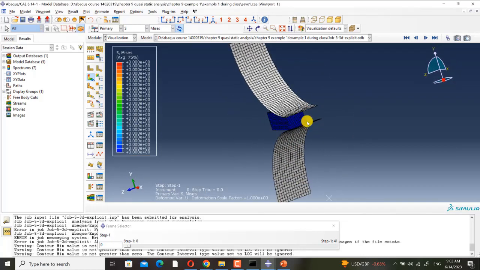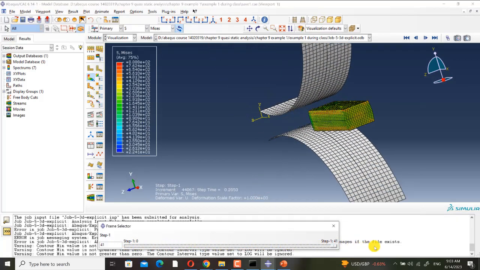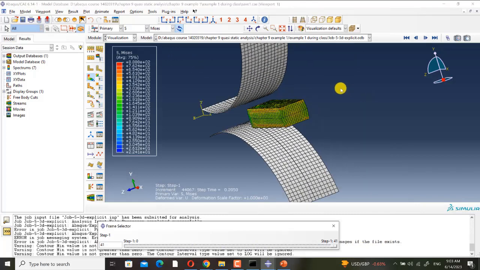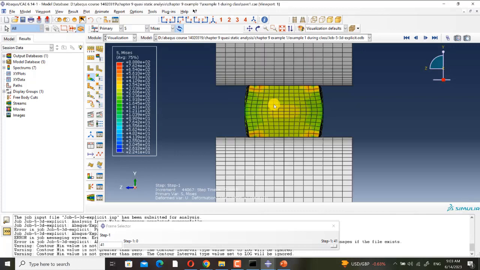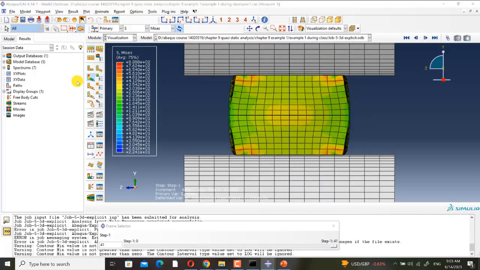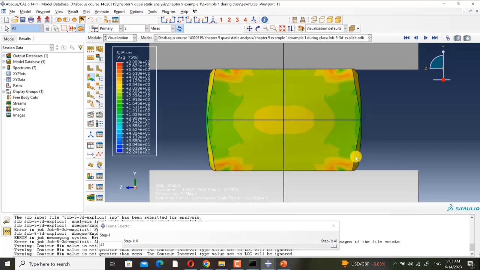This is the full model. And see what happens. If you see here, we have such deformation along the thickness of the billet.